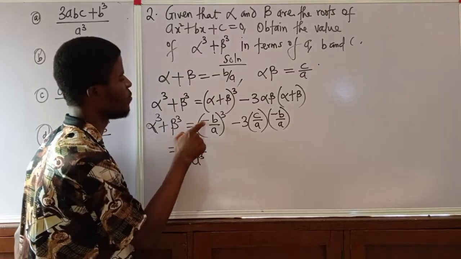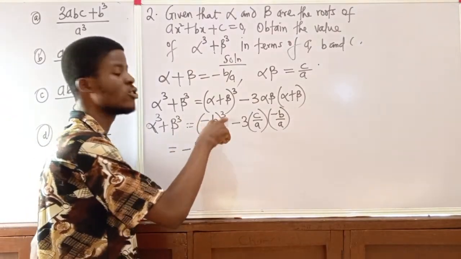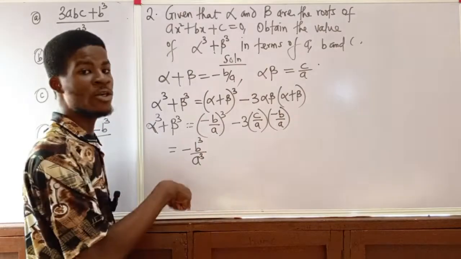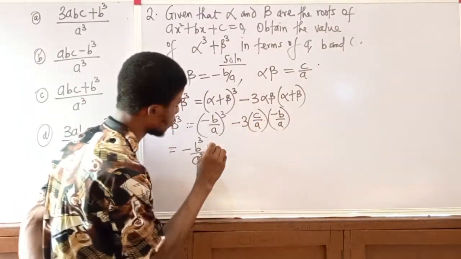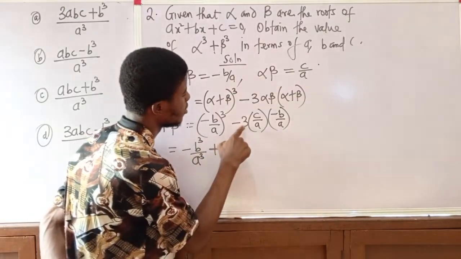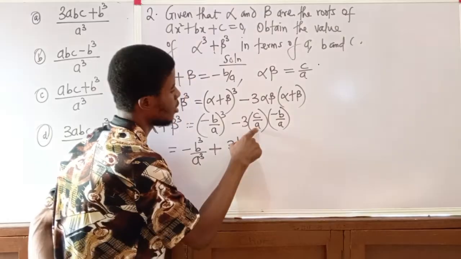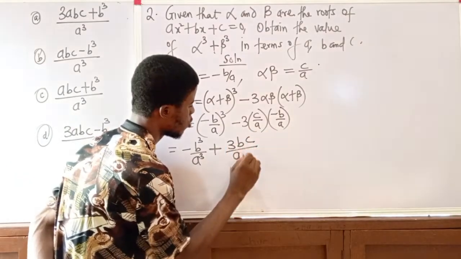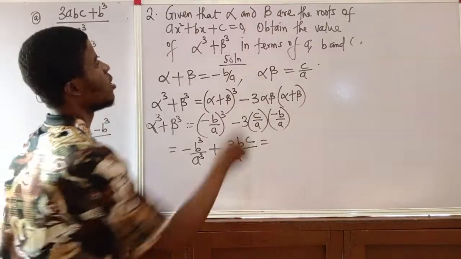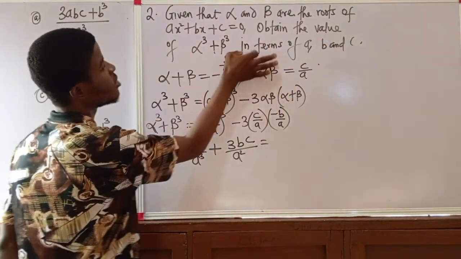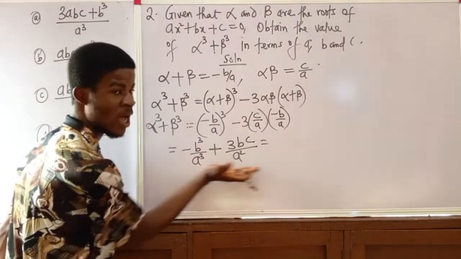Take note, if you raise a negative number to a power that is odd, the negative sign will remain. Now, minus minus is a plus. 3 times c times b is 3bc. a times a is what? a squared. Okay. The question says, obtain the value of this in terms of a, b, and c. Of course, that's what we are having now.